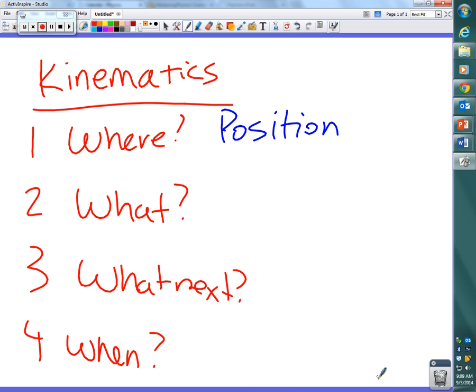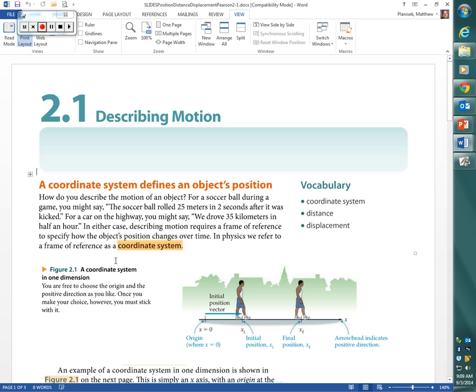So, as it says in your packet, the coordinate system defines an object's position. So in our coordinate system, we really should include 2 things. One thing is a reference point or an origin, and the other thing is a directional system. How can we tell one way from the other way?